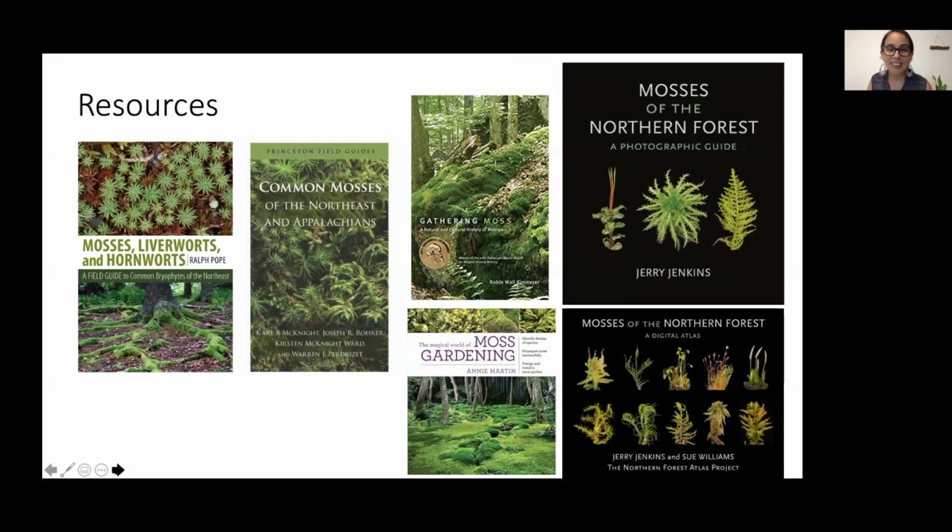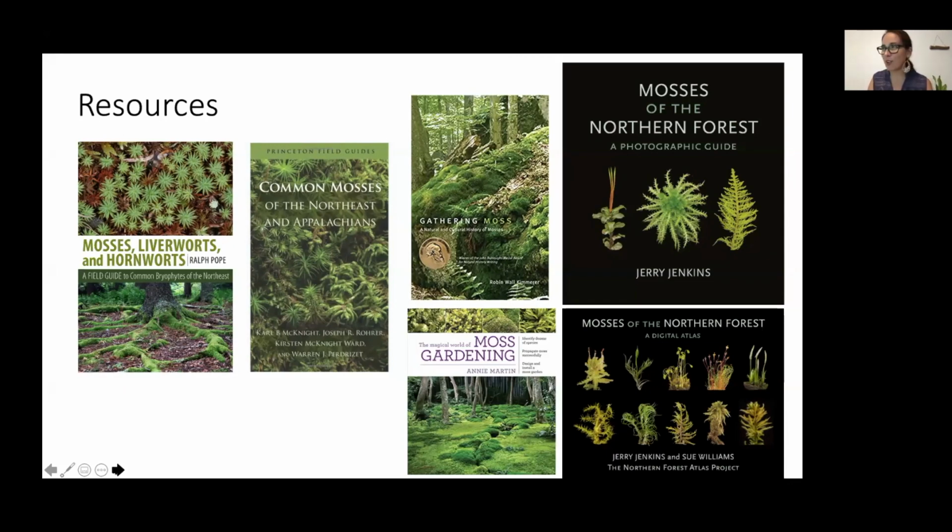And then we have this beautiful book called Gathering Moss, written by a Native American professor of botany and bryology, and she talks about all the aspects of bryophytes and mosses and the environment. So this is a really beautiful book.